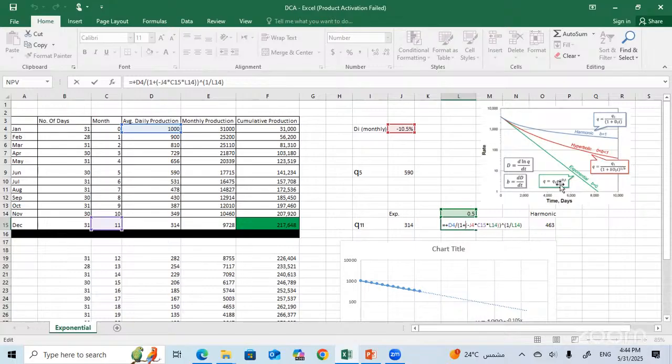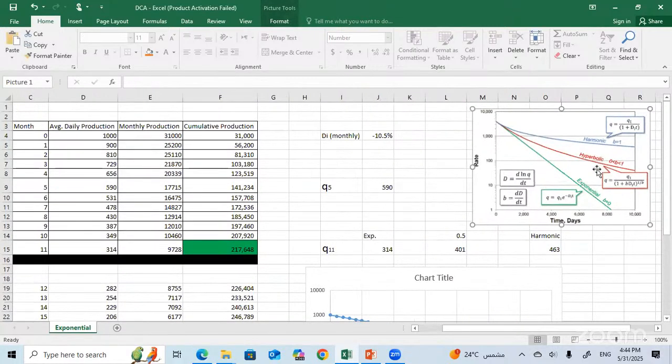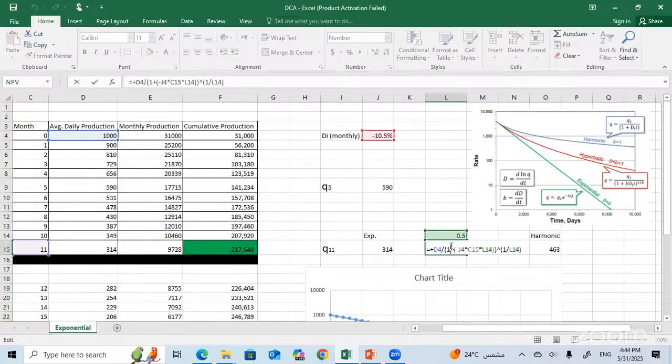So if you see the rule of the hyperbolic, it is equal to 1 plus B, the factor of how gentle it is, as I said, multiplied by the decline multiplied by the time that I expect, to the power of 1 over B. And for the harmonic, same as hyperbolic, B equals 1. So here, if you see this equation, this is the decline rate, this is the initial, and this is the time interval.